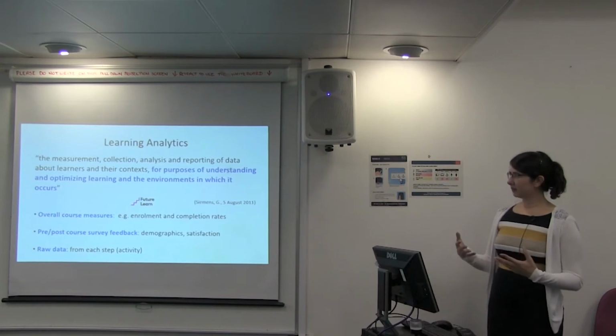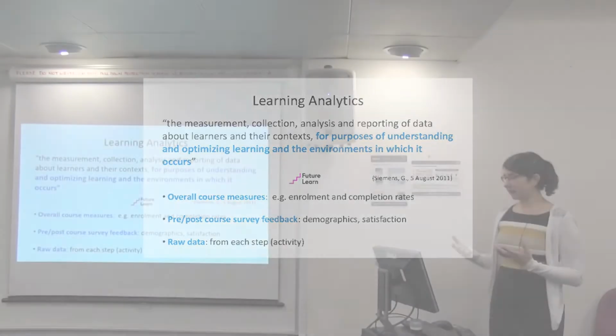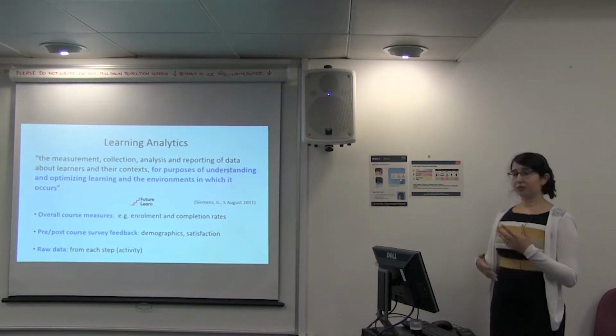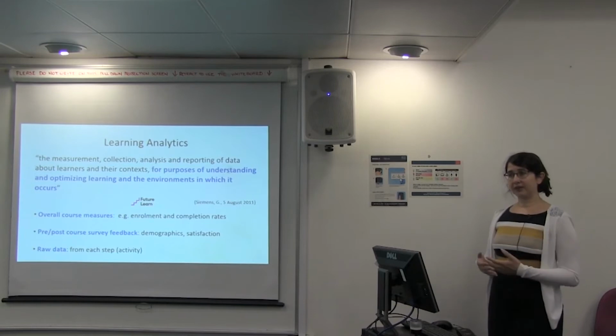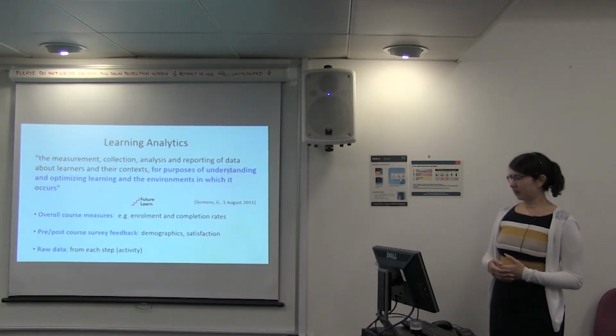Okay, so moving more on to learning analytics. Here we have a very good quote stating that really what is our purpose? It's to understand and optimize learning and the environments in which it occurs. At the bottom we can see that actually FutureLearn, for all MOOCs, are actually quite generous with the information they give us, the data we can play with. So we have overall course measures, for example, the enrollment and completion rates.